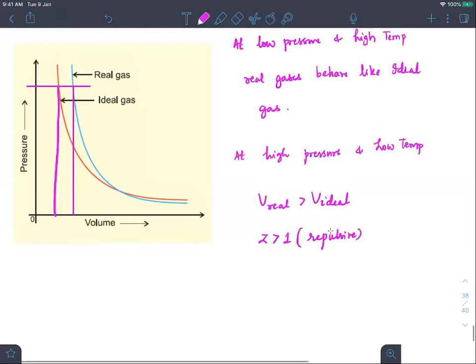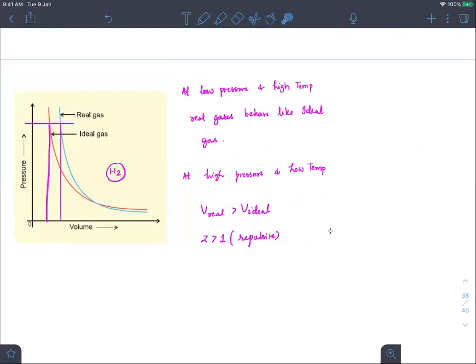This graph is more valid for hydrogen. This was once asked in JEE, relating to which gas it is and what happens to the Z value. When it is behaving more like a real gas, the Z value is greater than 1, which means repulsive forces are dominant here.